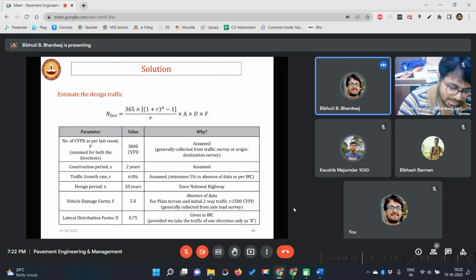So, these different parameters. Let's see. So, first we need to find out this A. Okay. So, this A is generally P into (1+r) to the power x. What was P? Number of CVPD, commercial vehicles per day, as per the last count.